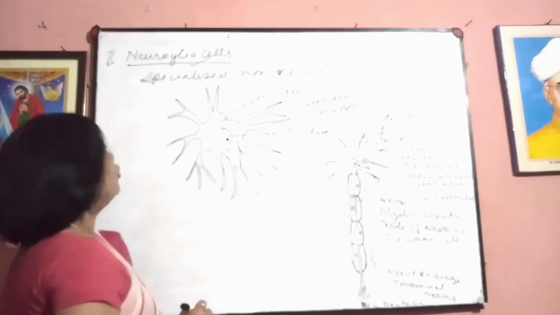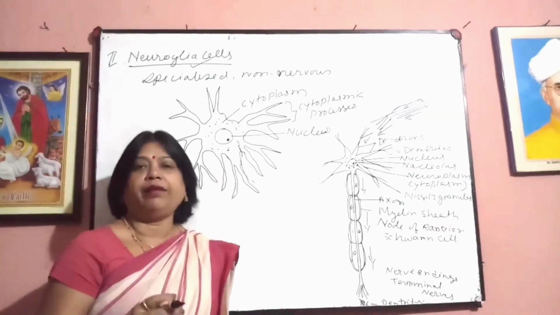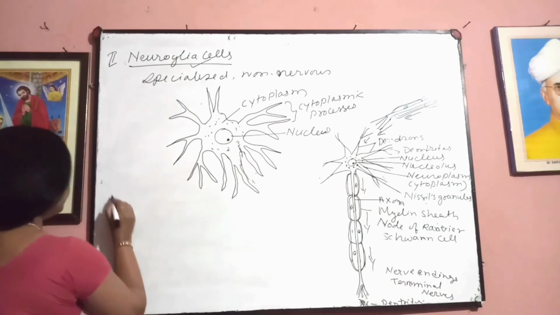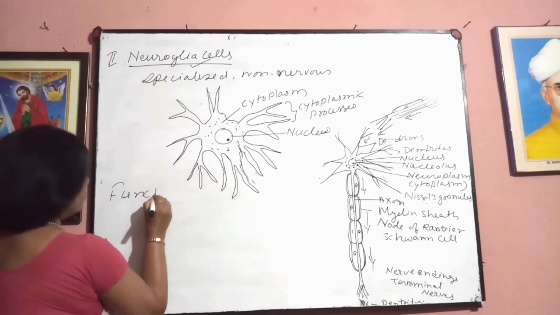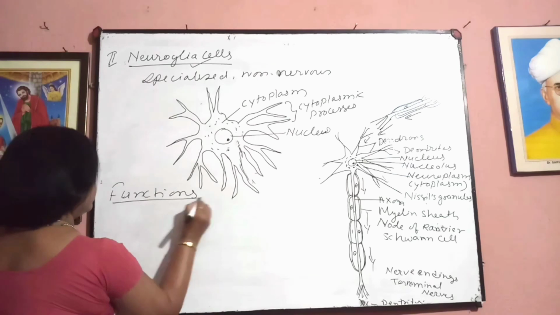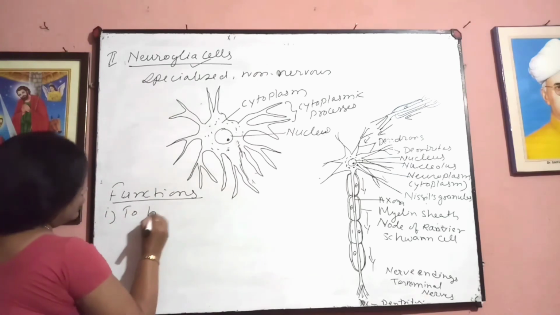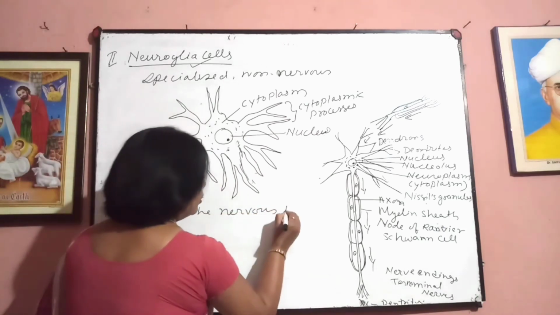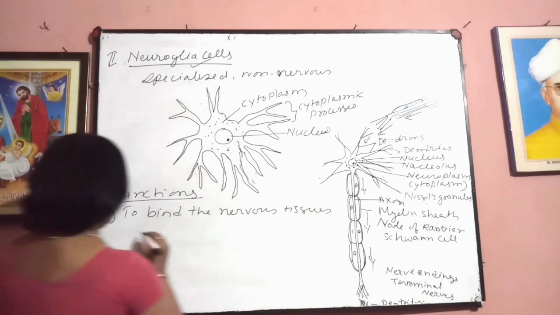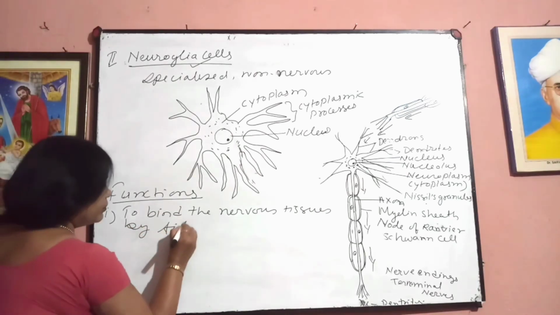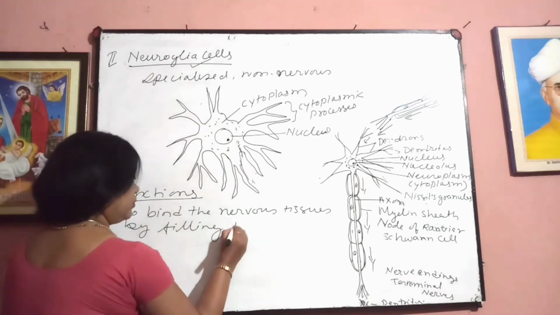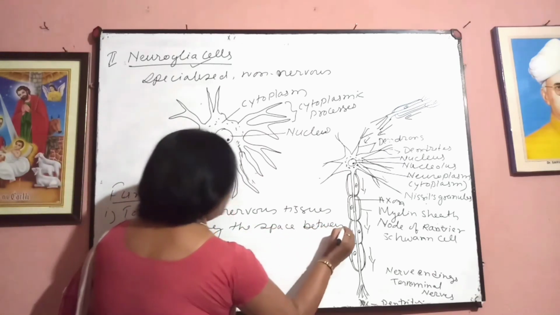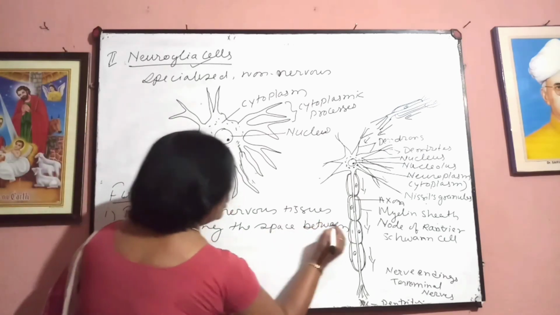The functions of neuroglia cells are, first, to bind the nervous tissues by filling the space between them.